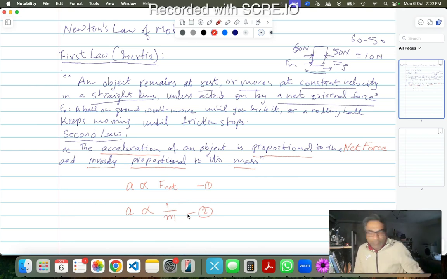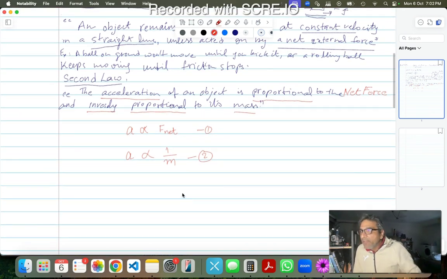So inversely proportional means if the object is light, acceleration will be more for the same F net. And acceleration proportional to F net means the more the force, the more the acceleration with the same mass. Directly proportional to the F net and inversely proportional to the mass.